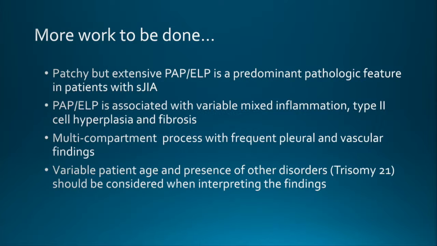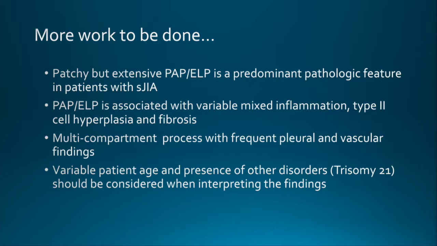Next slide. So no doubt there's a lot more work to be done, but to summarize the pathology, we see patchy but extensive pulmonary alveolar proteinosis / endogenous pneumonia, as you've heard from the prior talks, as a very predominant pathologic feature in these patients. It's associated with variable mixed inflammation, type 2 cell hyperplasia and fibrosis.